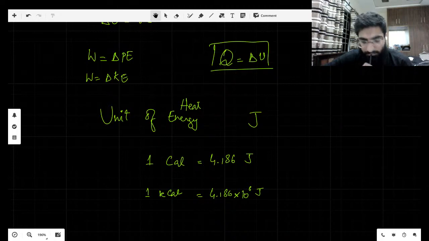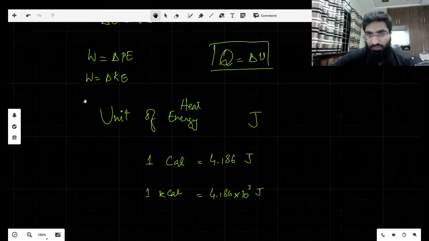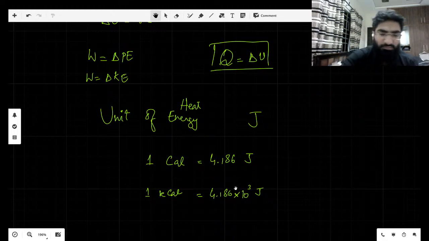It's a simple thing to understand: multiplying both sides by 1,000, I get kilocalories and joules in this form.